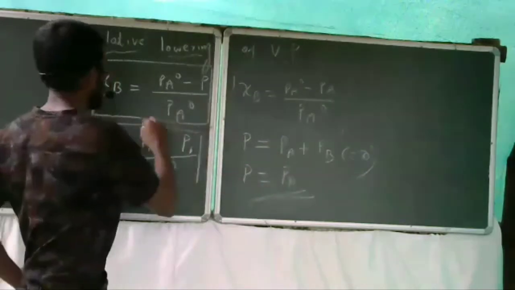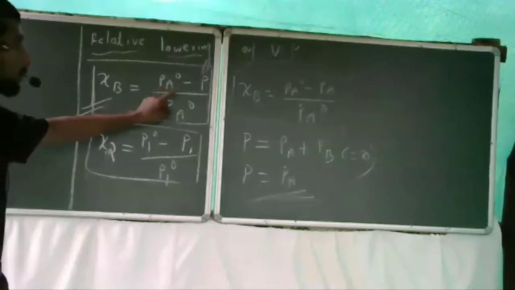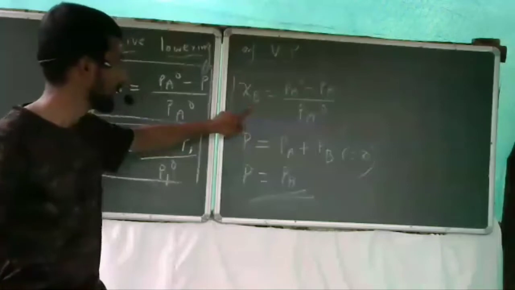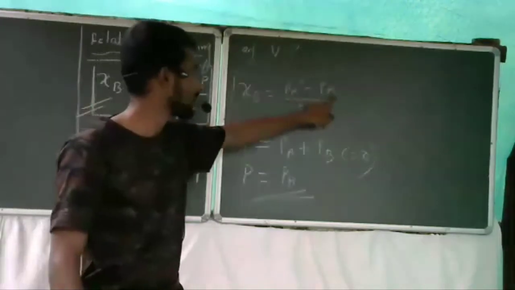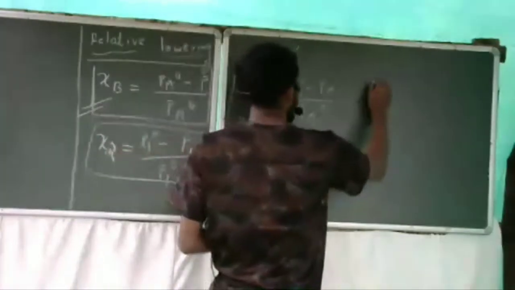So either you can take this expression, xb equal to pa naught minus P divided by pa naught, or you can write xb equal to pa naught minus pa divided by pa naught. What are P and pa here?